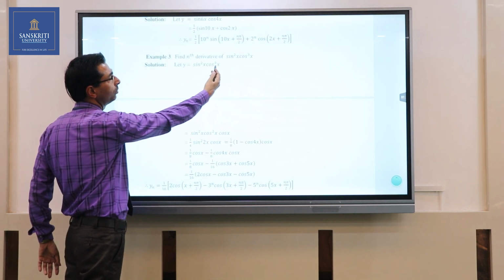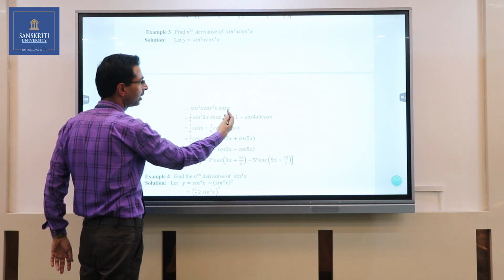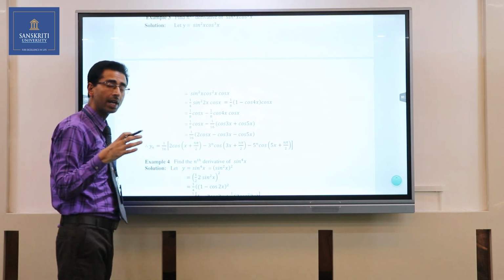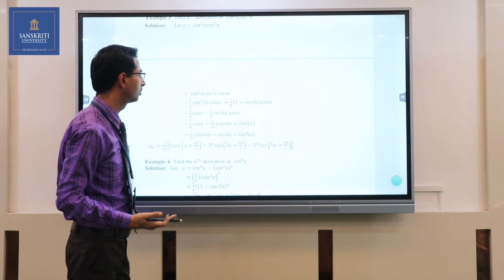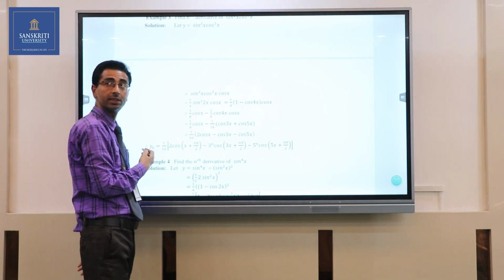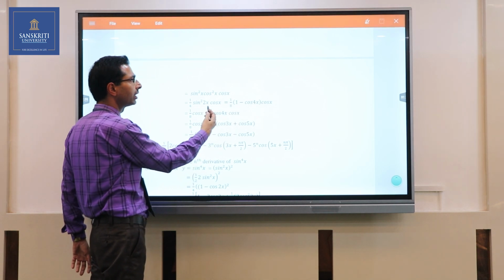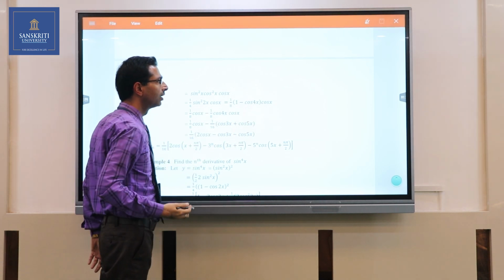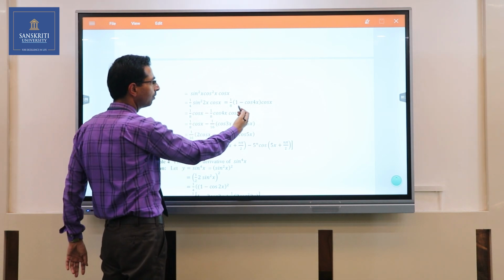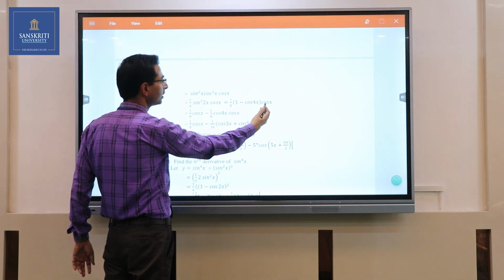Sin 2x is equal to 2 sin x cos x, so we multiply and divide by 4, then we get 1 upon 8 sin square 2x into cos x, that is 1 upon 8 into 1 minus cos 4x into cos x.